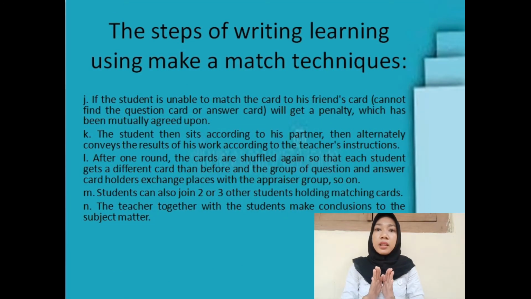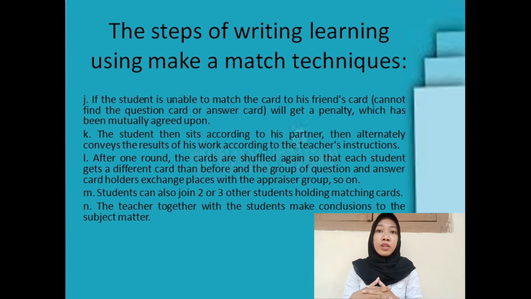Tenth, if the student is unable to match the card to his friend's card, or cannot find the question card or answer card, they will get a penalty which has been mutually agreed upon. Next, the student then sits according to his partner, then alternately conveys the results of his work according to the teacher's instructions.